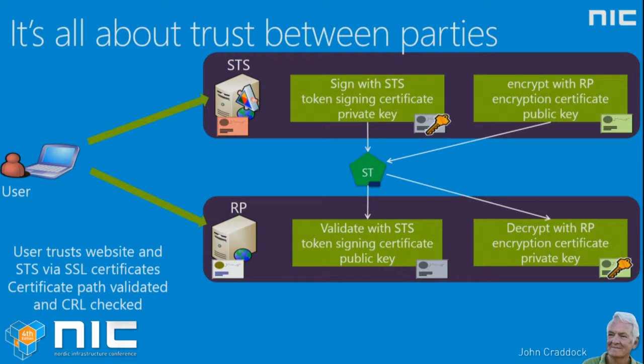Because the worst thing that can happen is it auto rolls over and you're not prepared for it. So self-signed for those, public for the front end. And by the way, CNG certificates are not supported. So if you do decide to put in your own signing and encryption certificates from your own CA, do not use CNG certs.